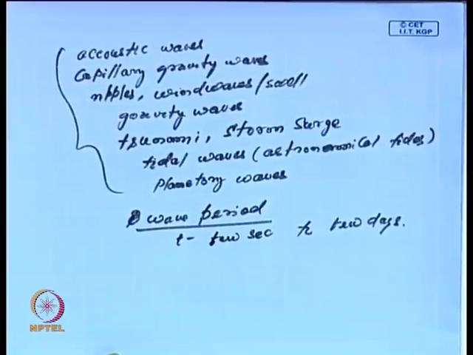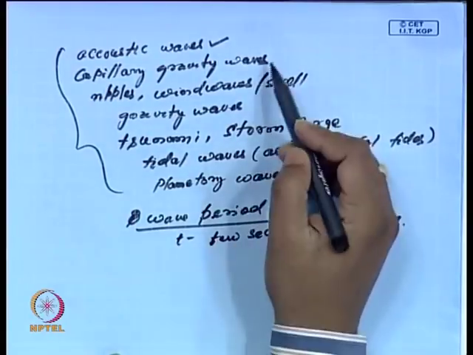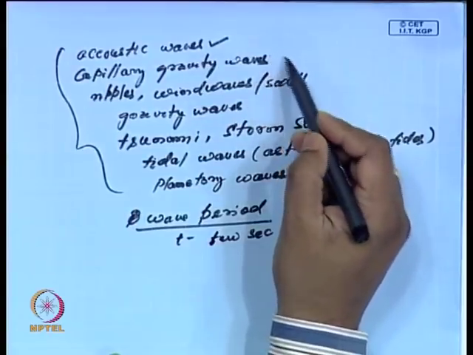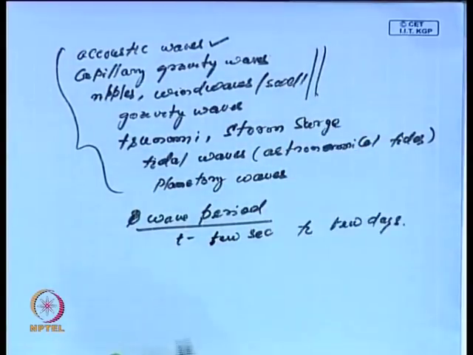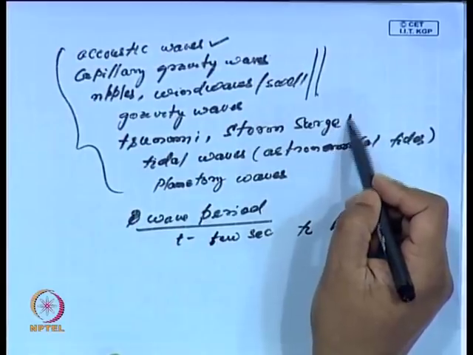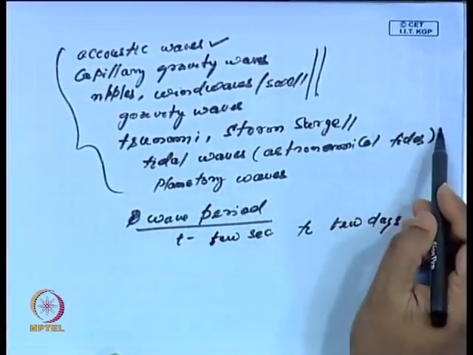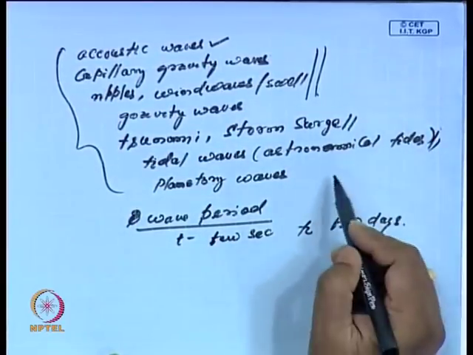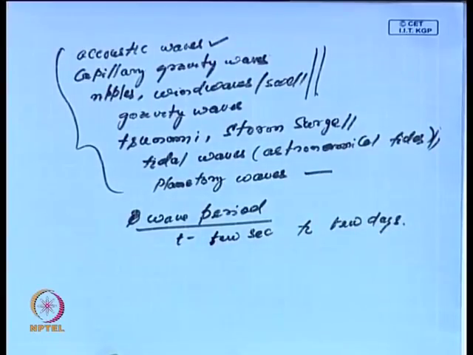For example, the acoustic wave has a very small period, a fraction of a second, whereas capillary gravity waves and ripples are in seconds. Tsunami and storm surge are in hours, tidal waves are again in hours, and planetary waves are in days.